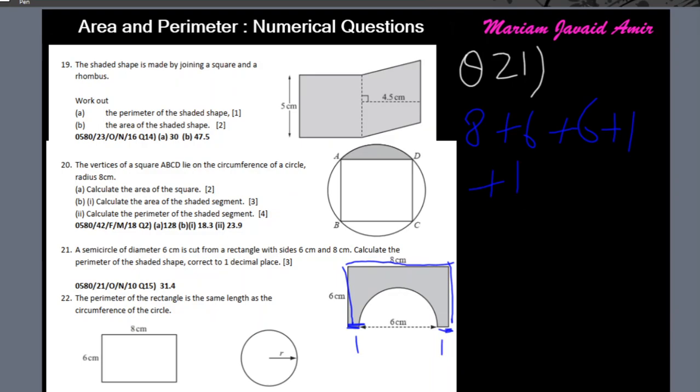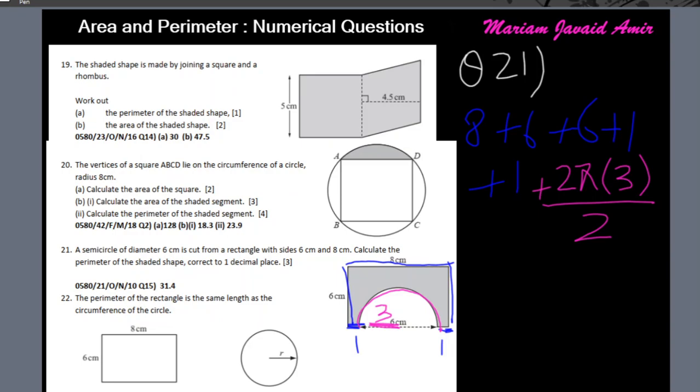Now we're left with the length of this arc. So this is half of the circumference. So I'll write plus 2 pi r divided by 2. Now what is the radius here? The diameter is 6, so the radius is 3.